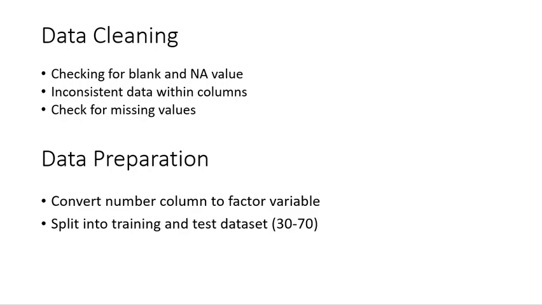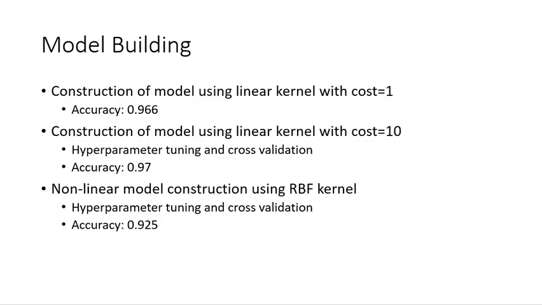After we develop the model, we predict the values for the test data set and then with the help of a confusion matrix we get an accuracy of 0.966.